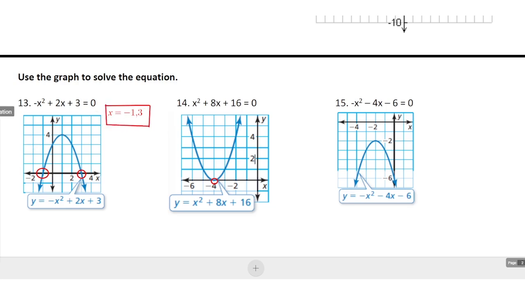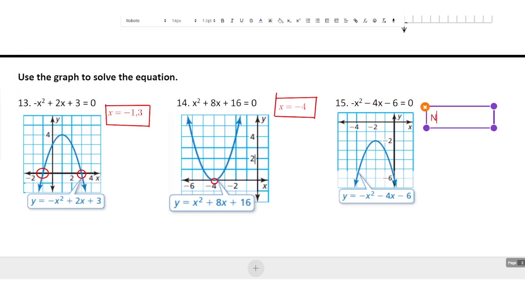For number 14, we just have negative 4. And then for 15, we get no real solution because there are no x-intercepts. So there are going to be some imaginary solutions there, but let's not worry about those today. No real solutions.